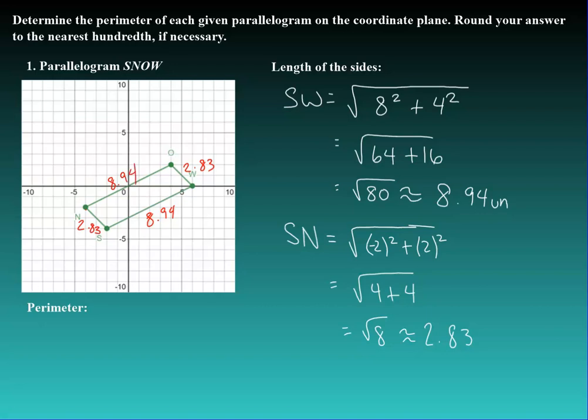So then it's just a matter of adding all 4 sides together. 8.94 plus 8.94 plus 2.83 plus 2.83. And we can stick that all in the calculator and get 23.55 units. And that's how you find the perimeter of a parallelogram.